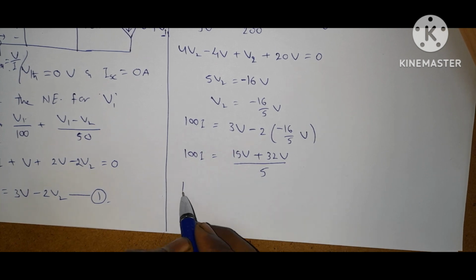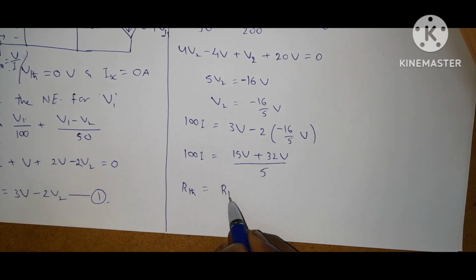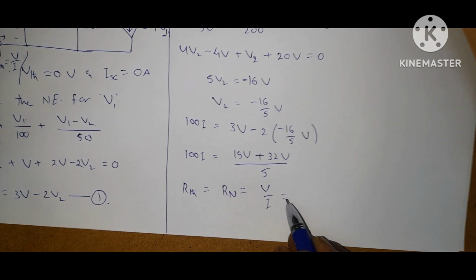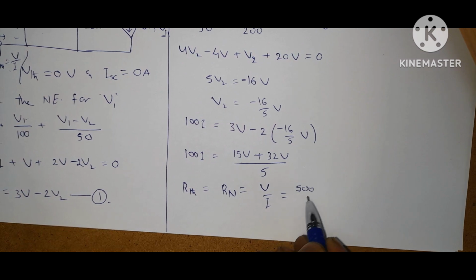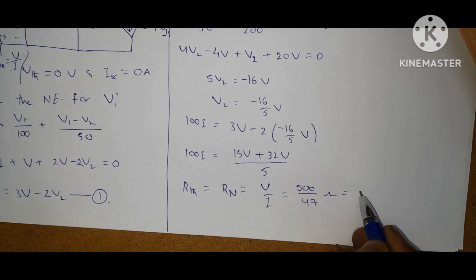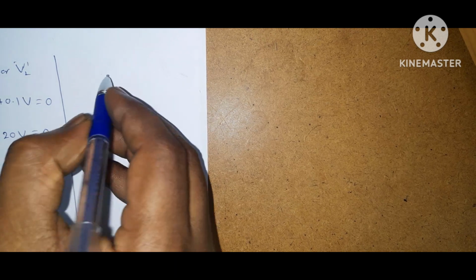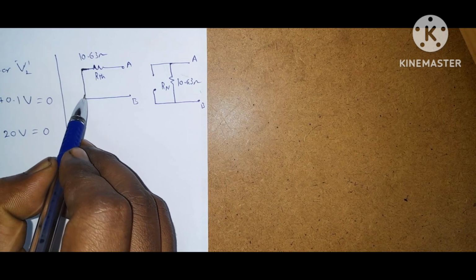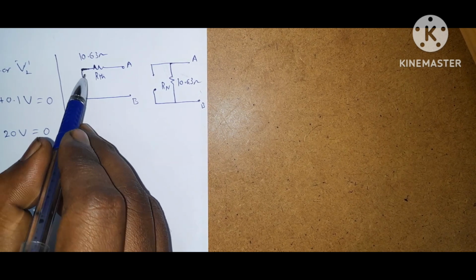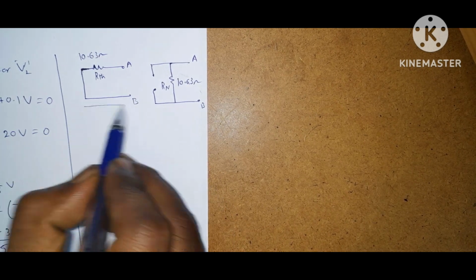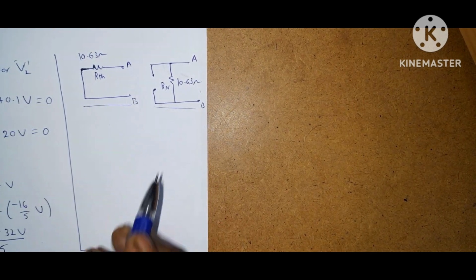If you solve this, R Thevenin is equal to R Norton equal to V by I is equal to 500 by 47 ohms. This is 10.63 ohms. Thevenin and Norton equivalent is like this, because here source voltage is 0. Thevenin voltage is 0, so it is short circuit. Here Norton current is 0, so it is open circuit. This is Thevenin equivalent, this is Norton equivalent.